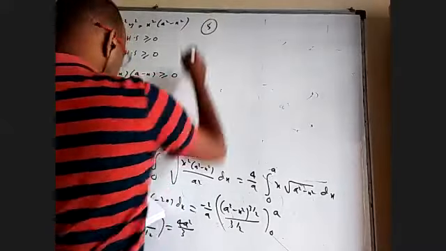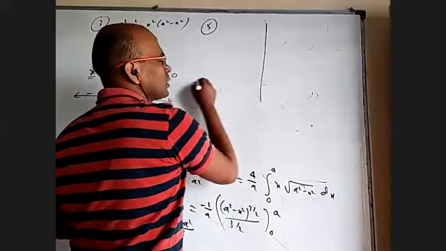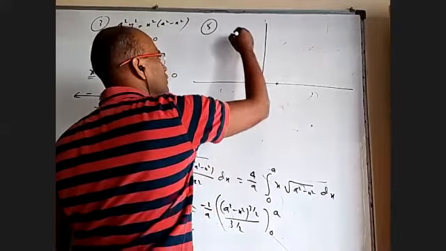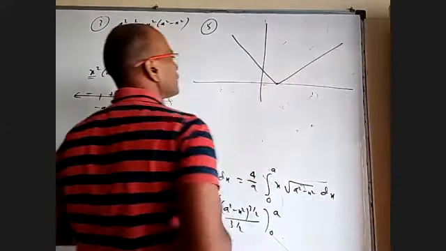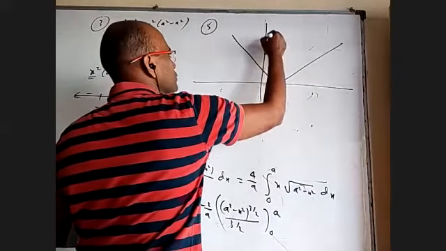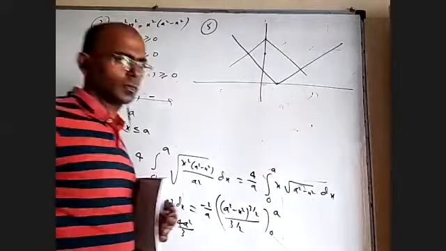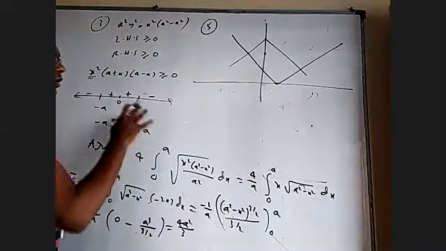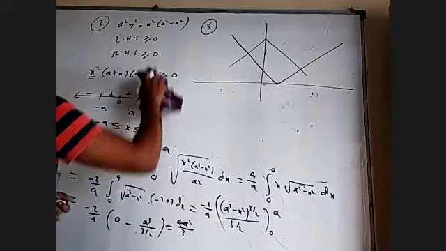Okay, fifth question. Only mod x minus 1 is a V-shaped one like this. 3 minus mod x is like this. Because mod x minus 1, everybody knows the graph, just a horizontal strip.